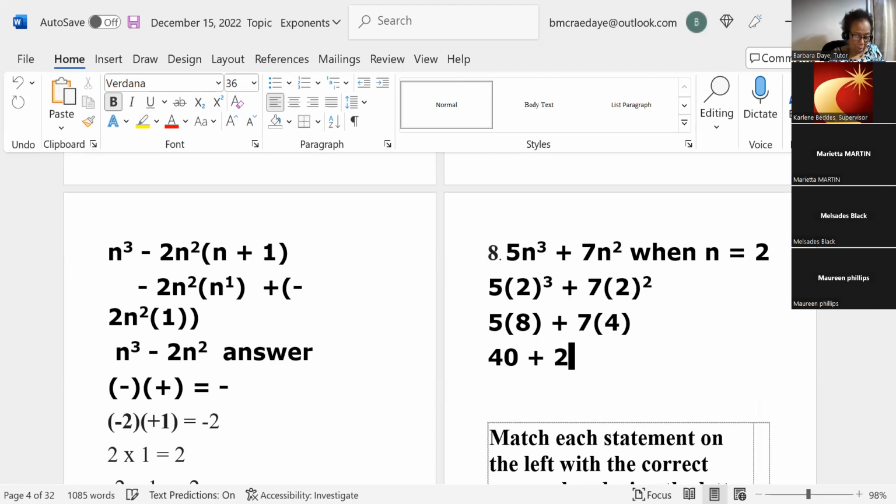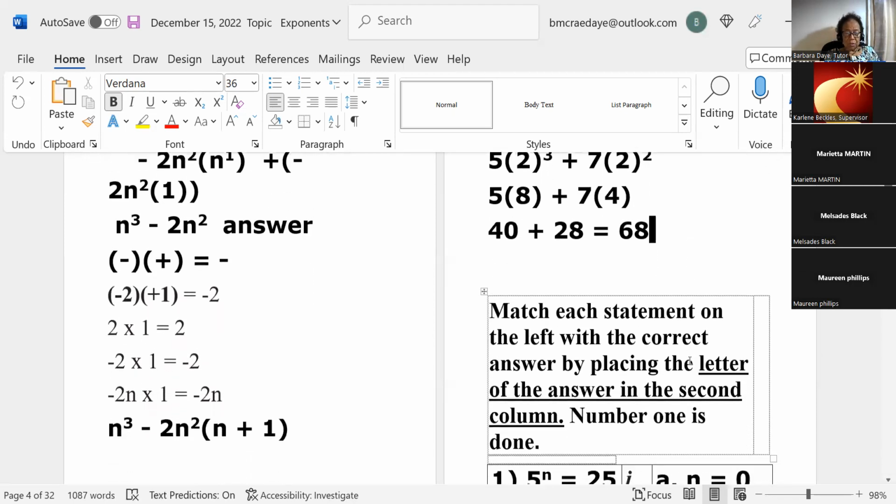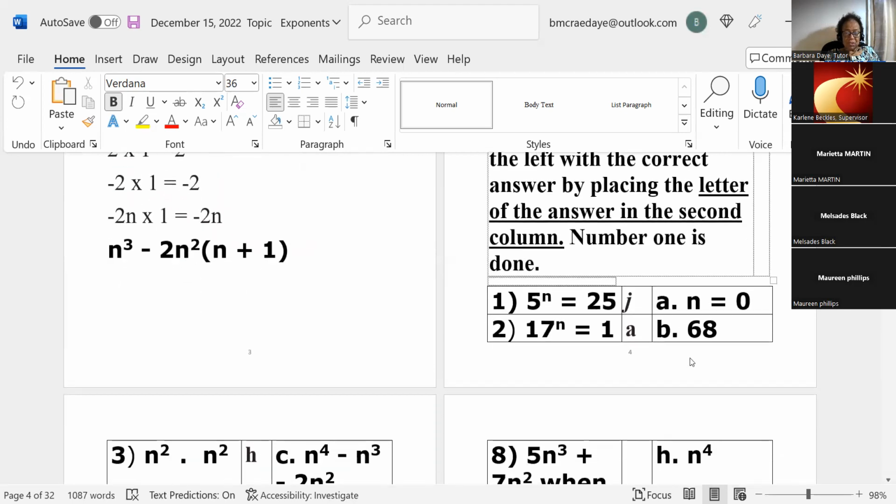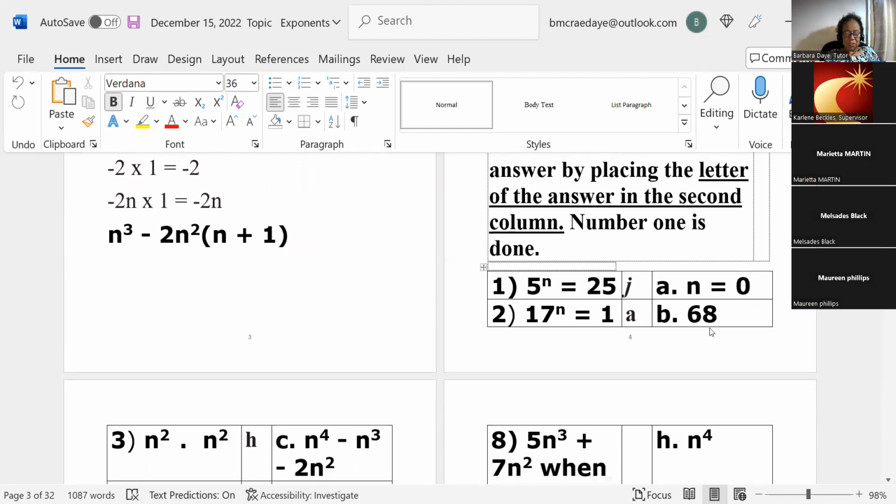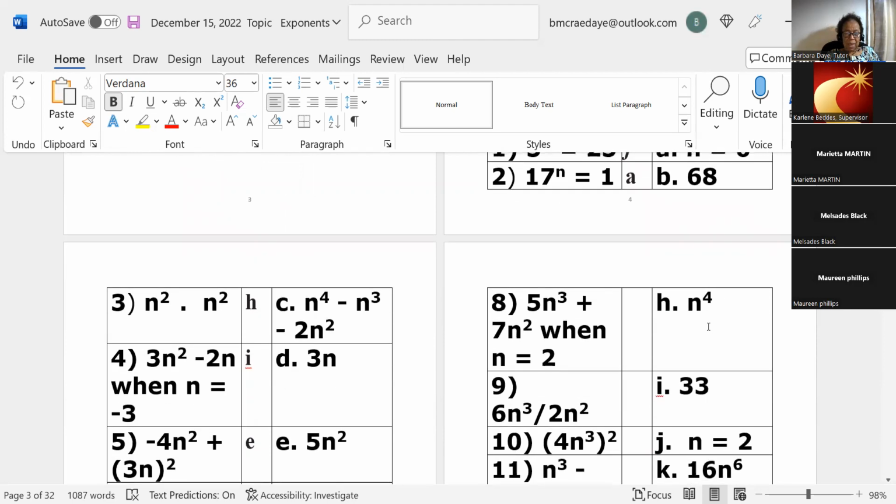Okay, and what's the total? 40 plus 28, 68. Does that match anything in the table? Let's go down here. It matches B. There you go, 68. So number 8 is B.